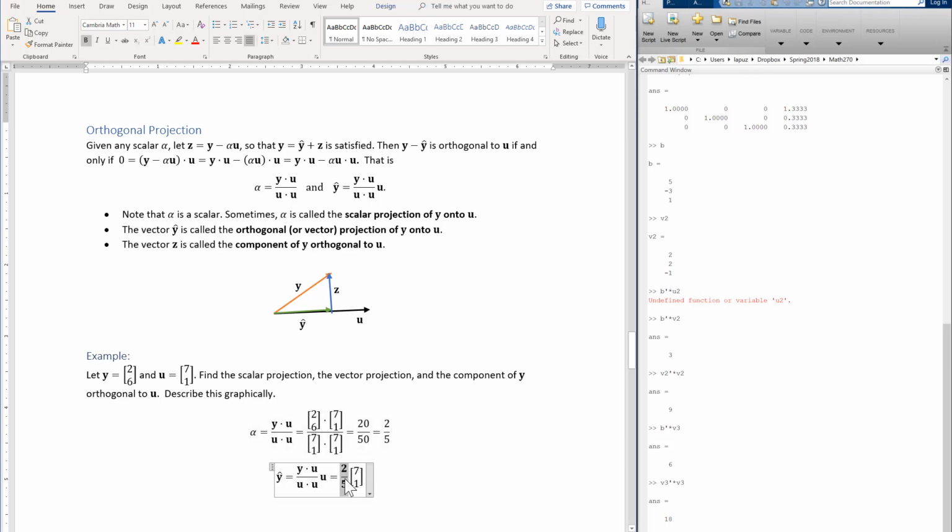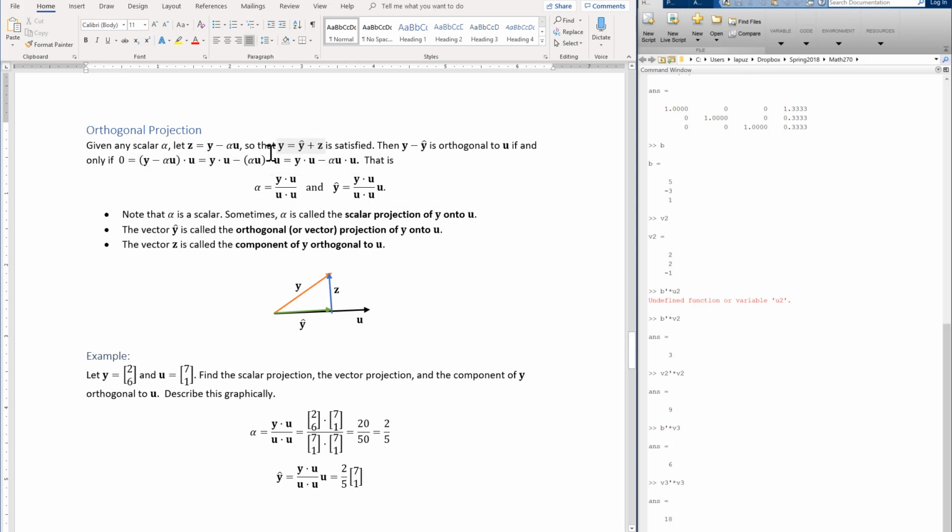So if we scale this vector u, 7 over 1, by 2/5, then we're going to get that vector. And so this is the vector projection, the orthogonal projection. The component of y orthogonal to u is essentially going to be the difference between them.